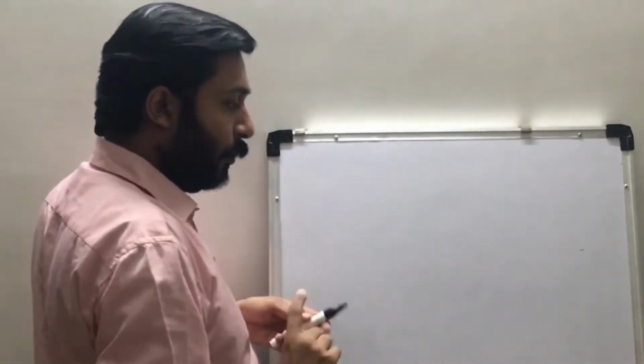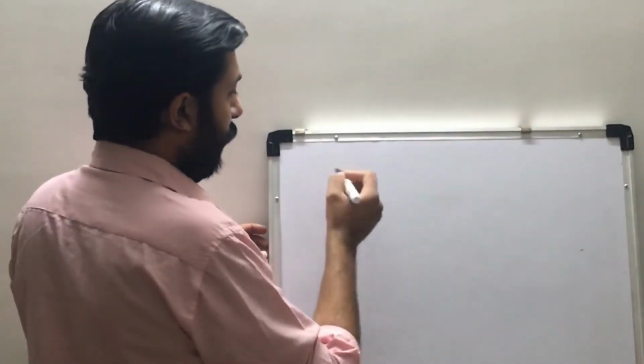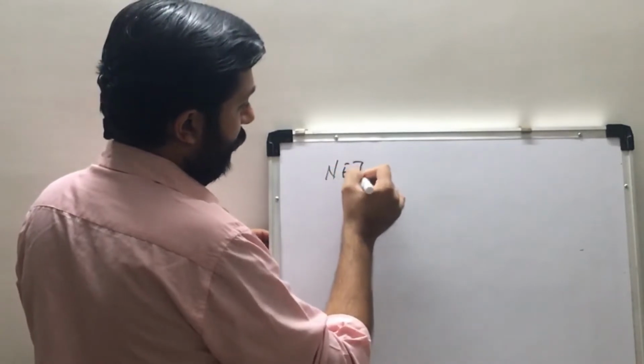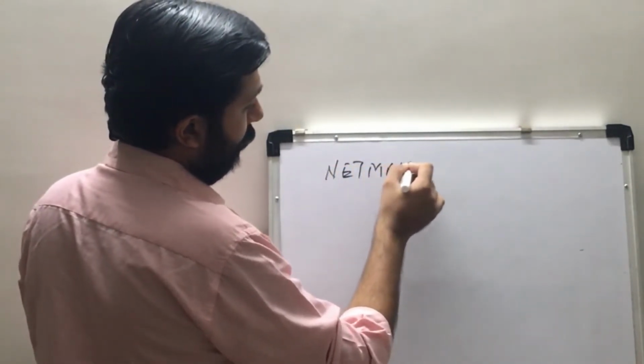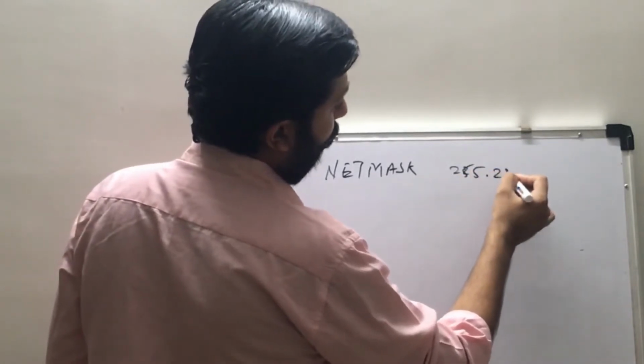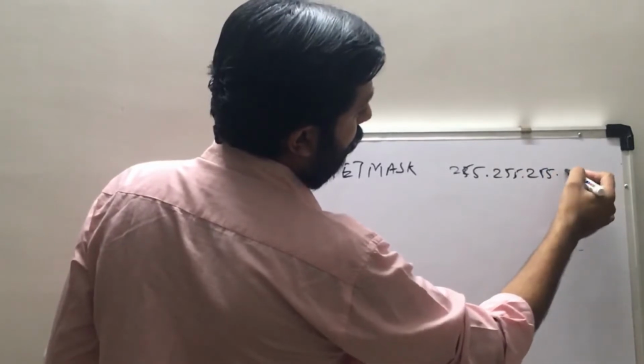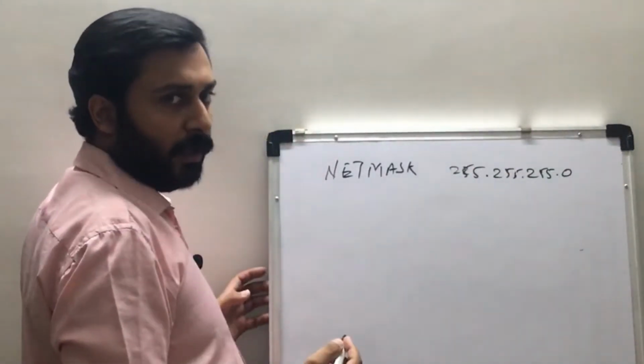Now going further into this, whenever we see an IP, we see something slash or a net mask, what we say, net mask, like 255.255.255.0. Okay.